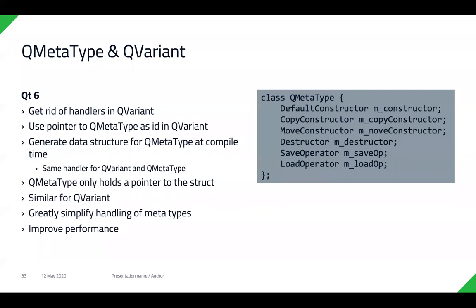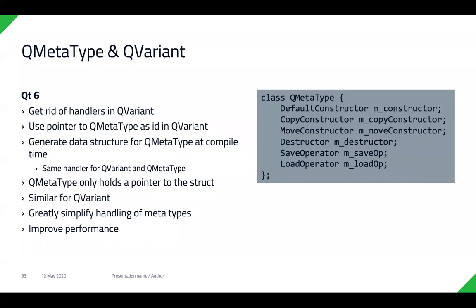We have now in Qt 6 cleaned this up for QMetaType. QVariant is still outstanding, but I hope we can get this done in time as well. QMetaType now basically has a little set of different methods that can handle the different types, copy them around and do those kinds of things.